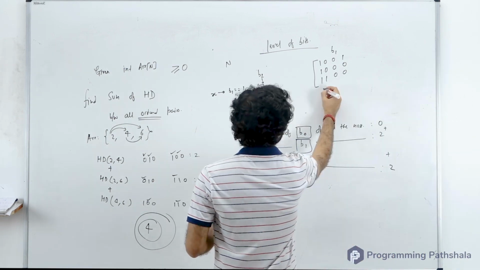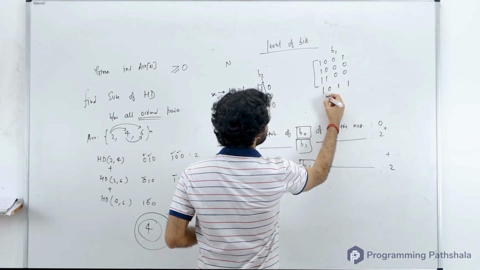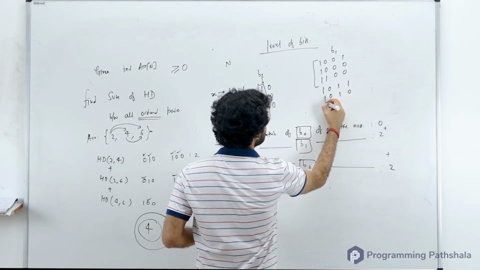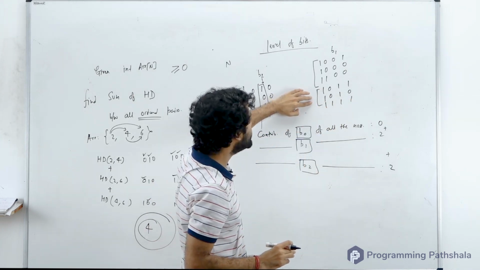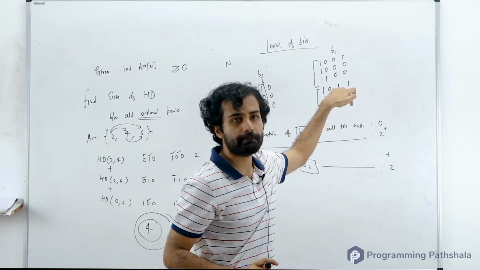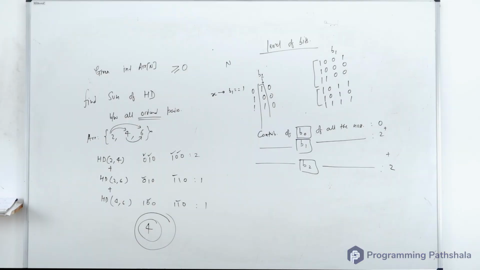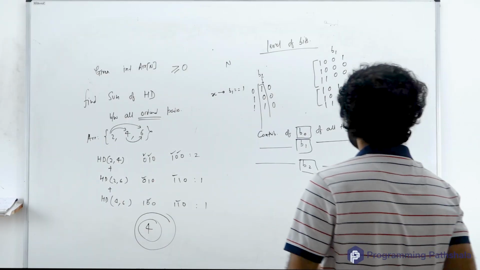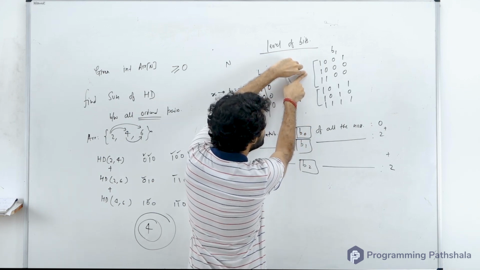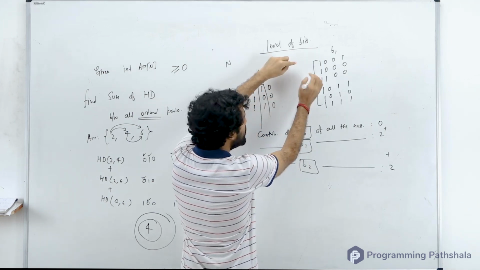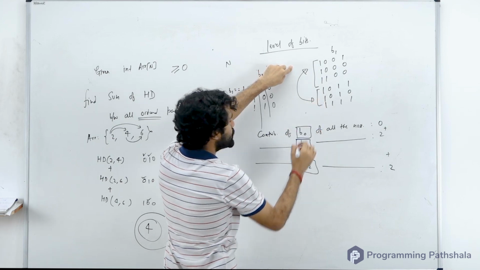Similarly, if let's say you had something like this, if you choose any two numbers from here, will they have a differing bit at b1? They will not have. So does it make sense to choose the two numbers from this bucket or the two numbers from this bucket? No. You would always want to make a cross bucket choice.